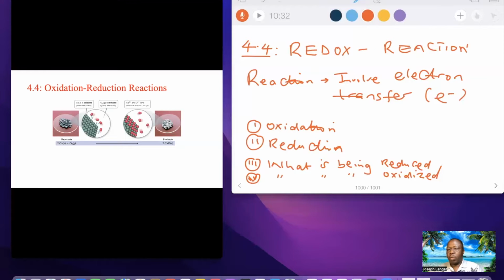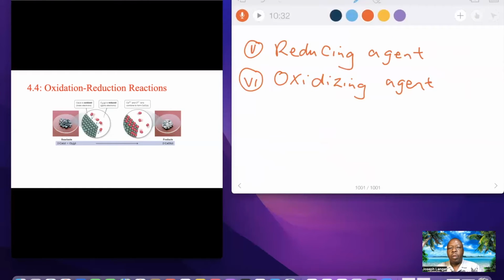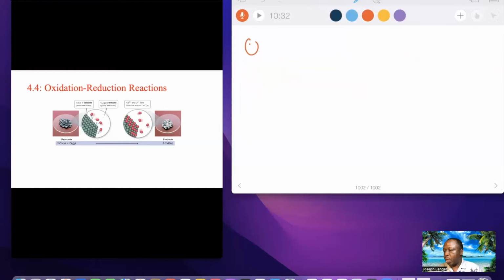And also, you'll see questions on identifying the reducing agent and oxidizing agent. I've listed 6 key terms you need to understand and should be able to explain. So let's get started with oxidation.